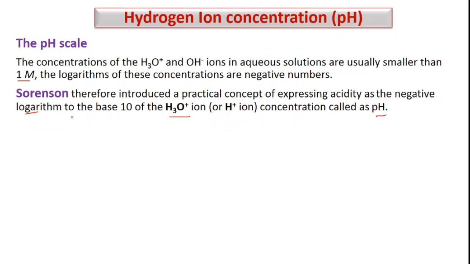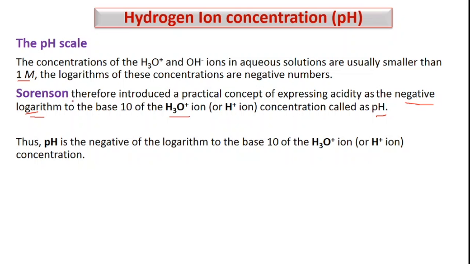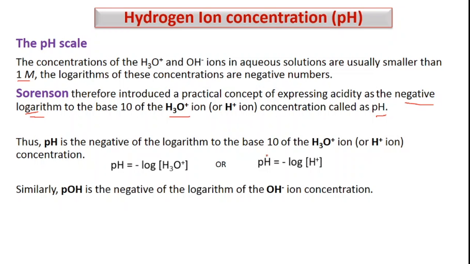So pH is the negative logarithm to the base 10 of H3O plus or H plus ion concentration. Similarly, pOH is the negative of the logarithm of the OH minus ion concentration.